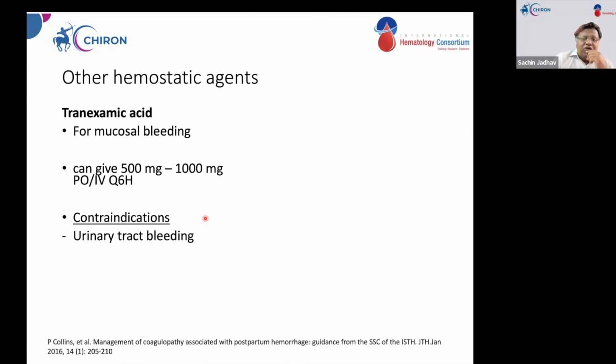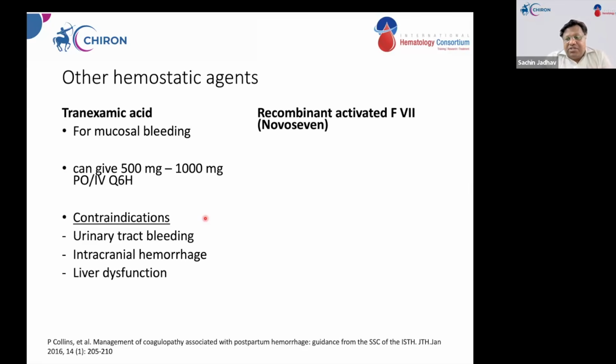It will not allow the clot to break, leading to obstruction. Same reason why we don't use tranexamic acid in intracranial hemorrhage. Blood in the brain will clot, and if you give tranexamic acid, that clot will not dissolve, leading to obstructive hydrocephalus. Third contraindication is liver dysfunction.